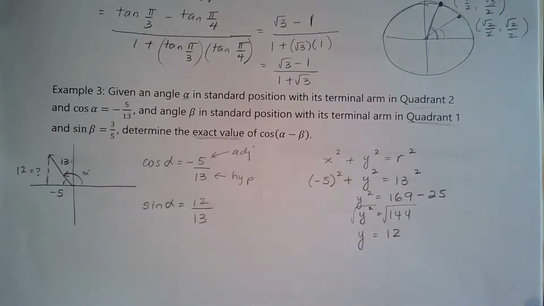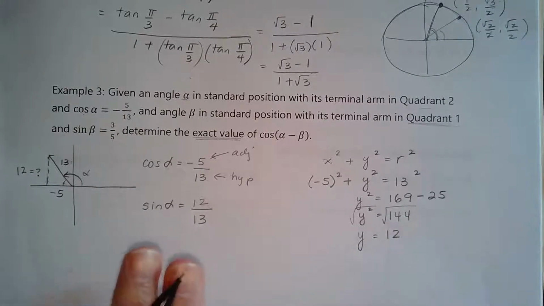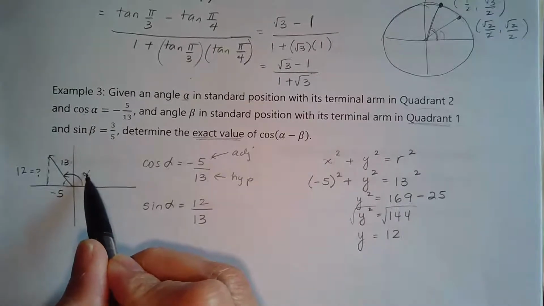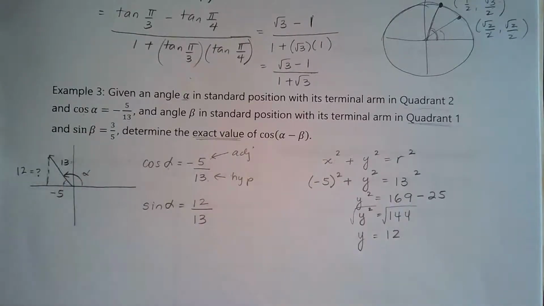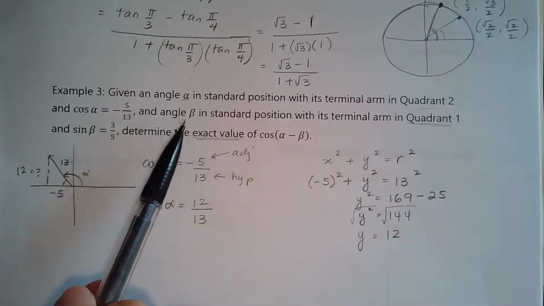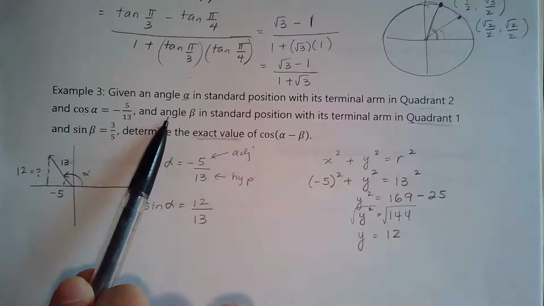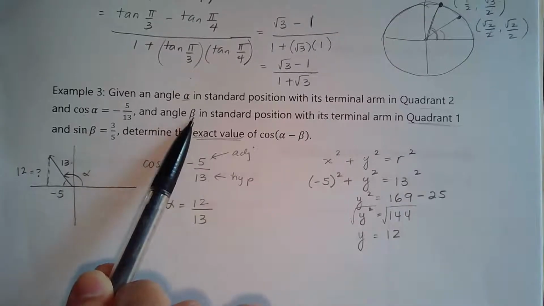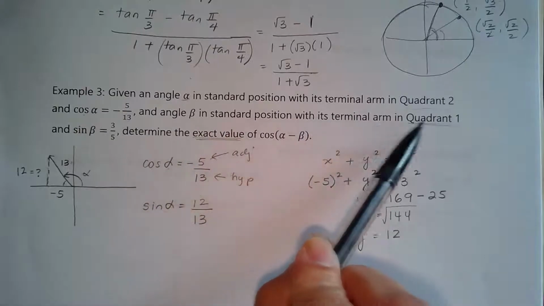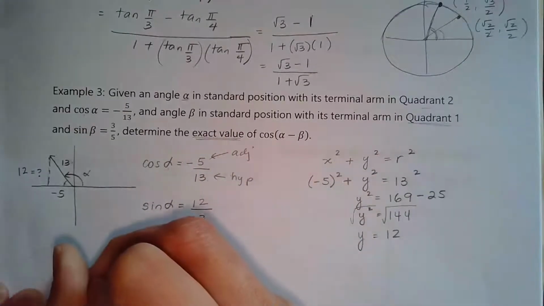Okay, so that is for alpha because alpha is in quadrant 2. Let's take a look at beta. It kind of gives us a clue. Angle beta is in standard position with its terminal arm in quadrant 1. So let's draw it out.